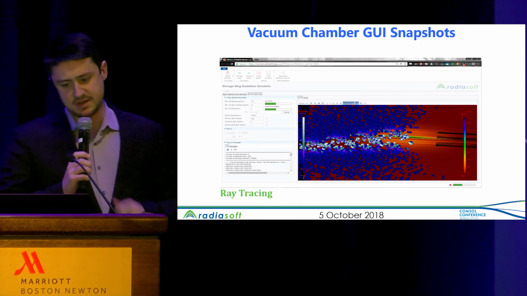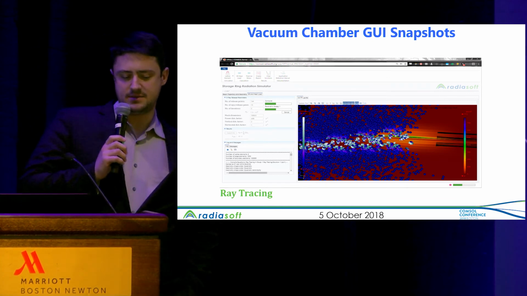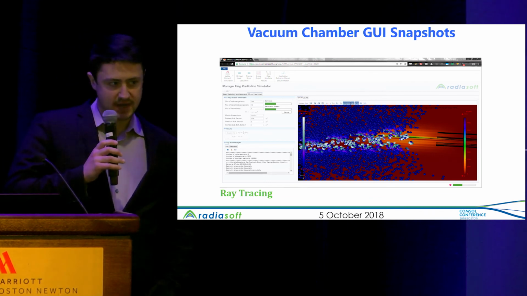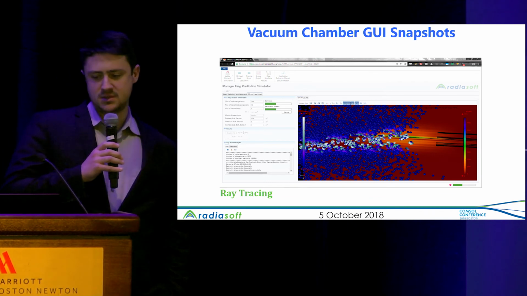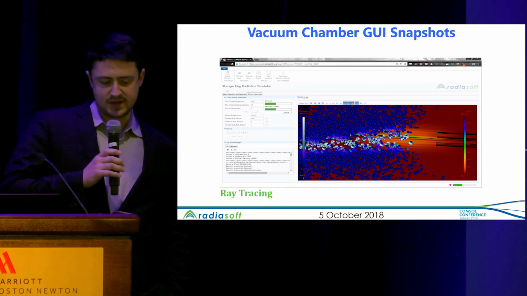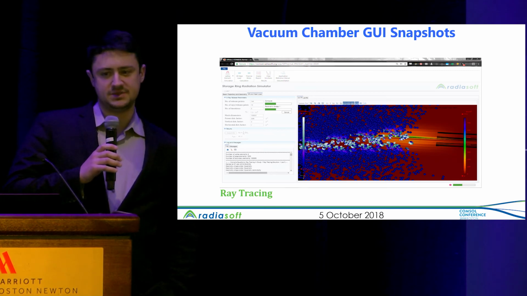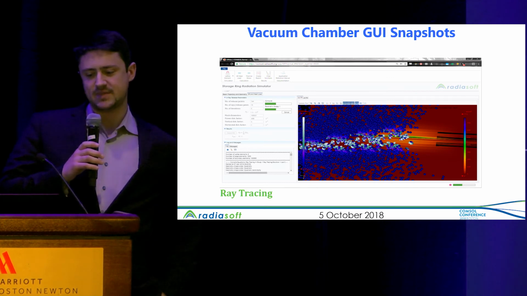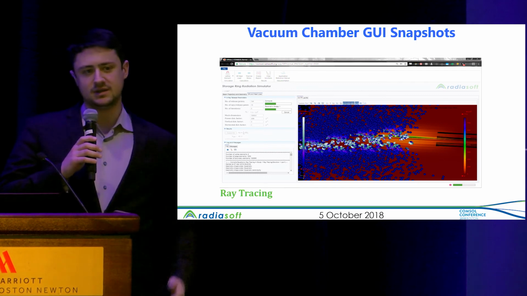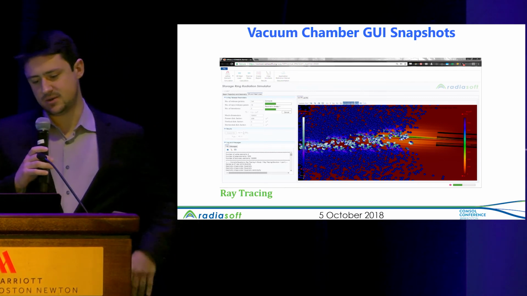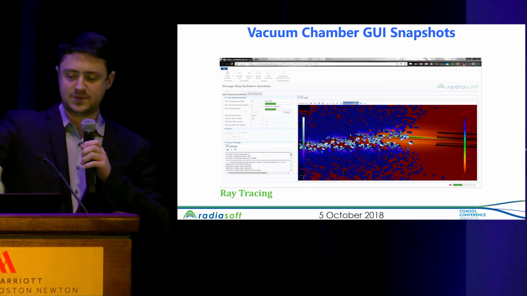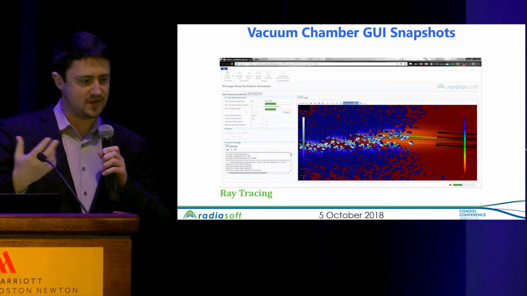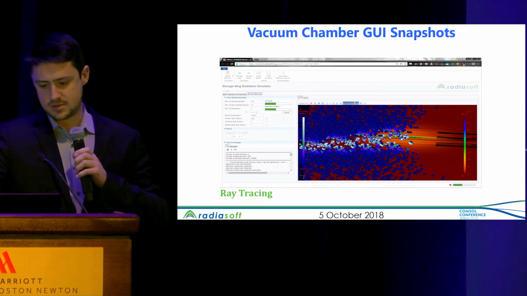Here's an iteration of the GUI that did a live update of the rays that you trace, and it shows you the energy and power distribution of those rays. The synchrotron radiation power distribution is fairly complicated, especially as it progresses along an electron trajectory. So it's often nice to plot what that distribution looks like at various points in the simulation.